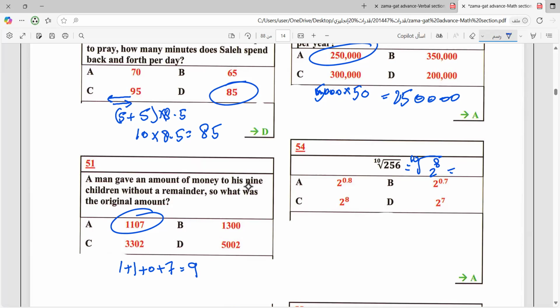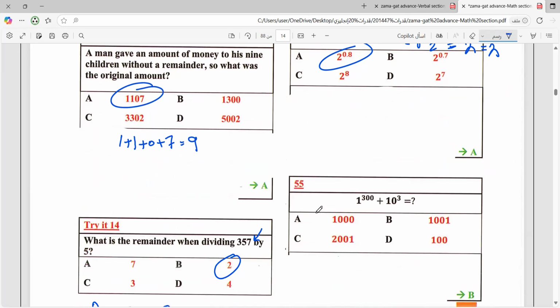Then you can write it another way: 2 to the power of the inside exponent over the root index, so 8 over 10. Then 2 to the power 0.8. So the answer is 8. Clear, Hassan? Clear.